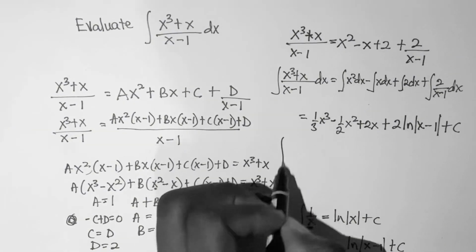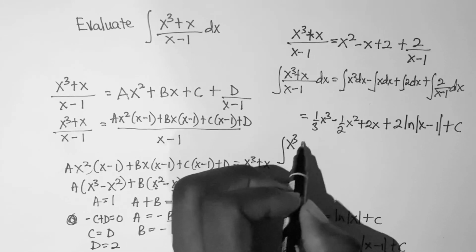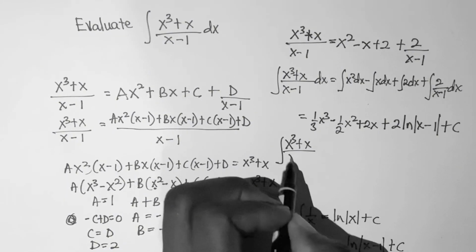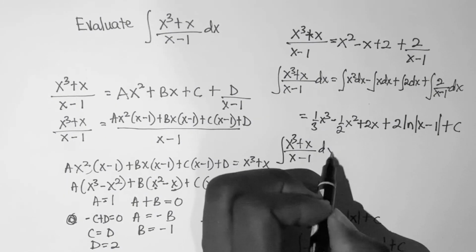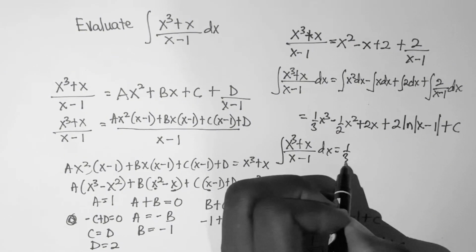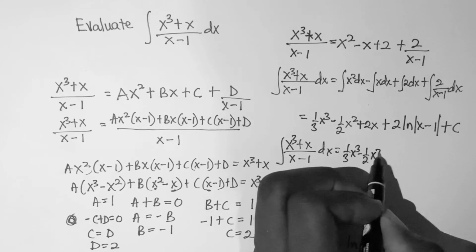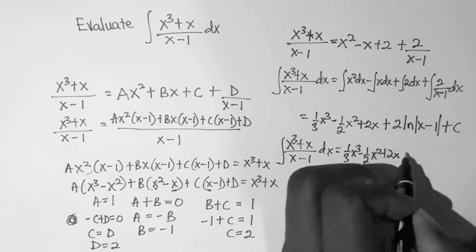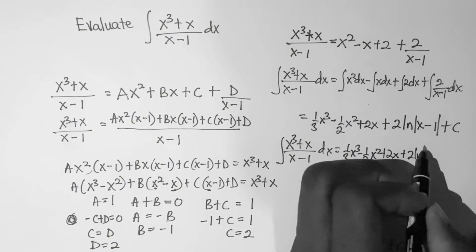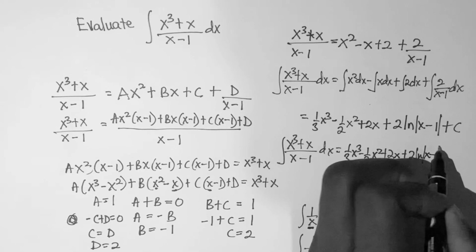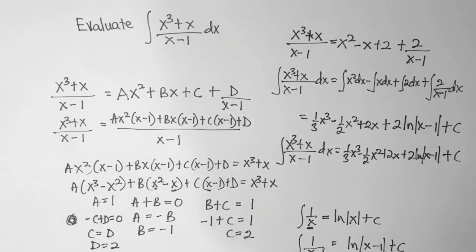So therefore, the integral of x cubed plus x divided by x minus 1 dx is equal to 1 over 3 x cubed minus 1 over 2 x squared plus 2x, then plus 2 natural log of absolute value of x minus 1, then plus c.